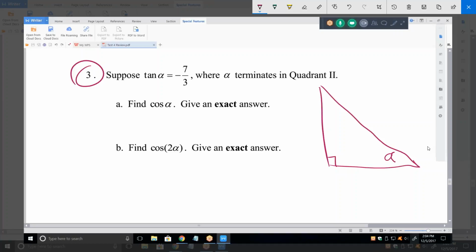Now, this information allows you to dimension that triangle, 2 sides of it. Dimension it for me. Oh, okay. So opposite is 7. 3 is adjacent. What's the hypotenuse?